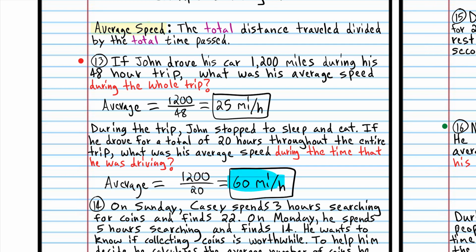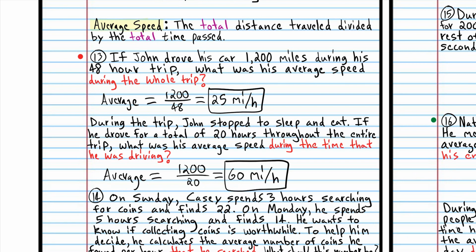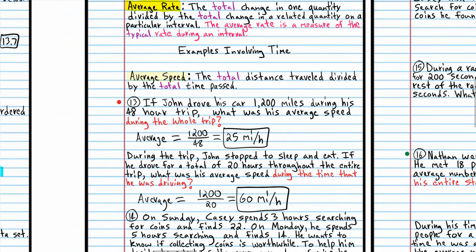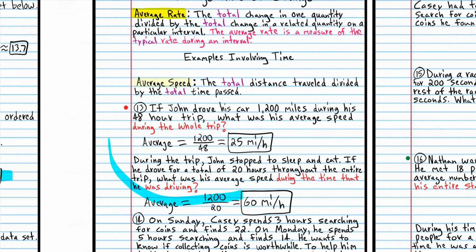So here we have 60 miles per hour. Here we have only 25 because this problem does not count the amount of time that he was sleeping, eating, or getting gas. So these are typical speeds. They represent typical speeds over a certain interval. Again, the average rate is a measure of the typical rate during an interval.